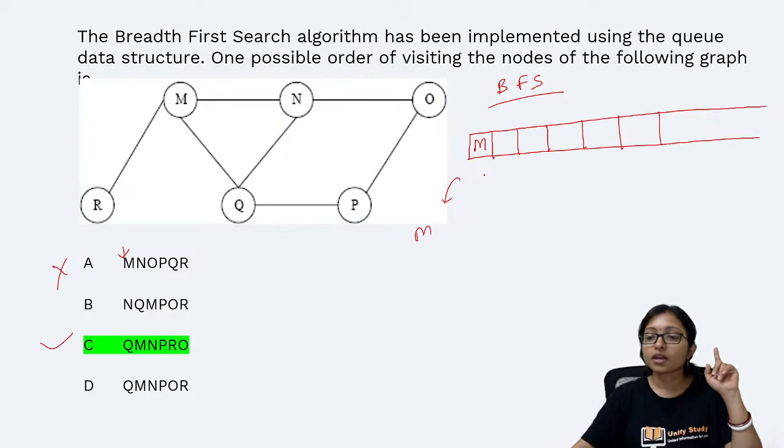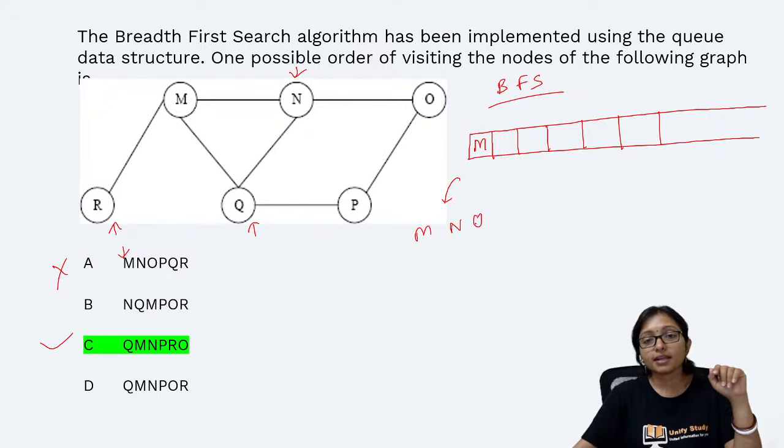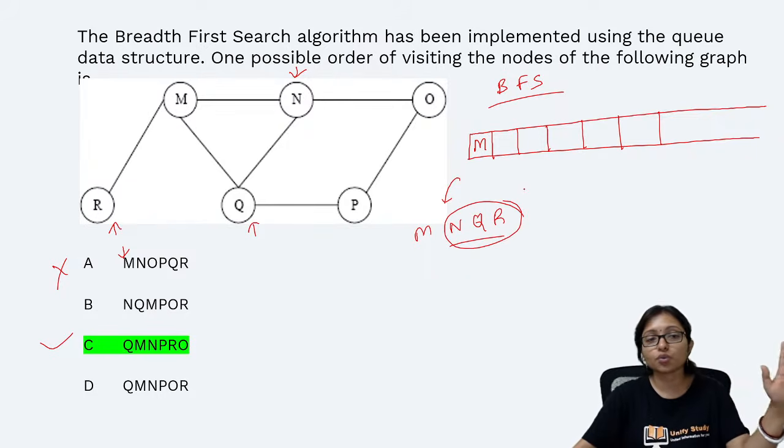The adjacent nodes are N, Q and R. So after M there should be N, Q, R, in any order.